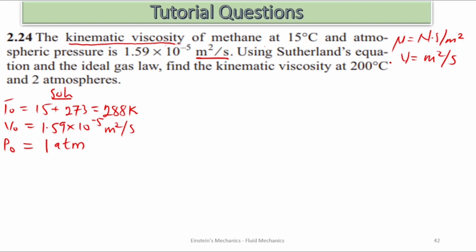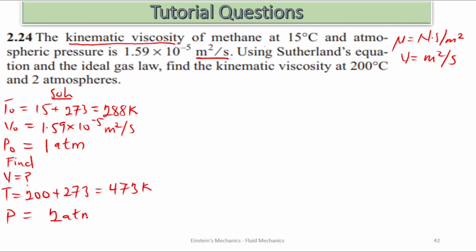Using Sutherland's equation and the ideal gas law, which is the combined law to get the equation we just made, find the kinematic viscosity V at T equal to 200 plus 273, which is 473 Kelvin, and 2 atmosphere pressure, so P is 2 atm. Basically we have everything; we are only left with V.